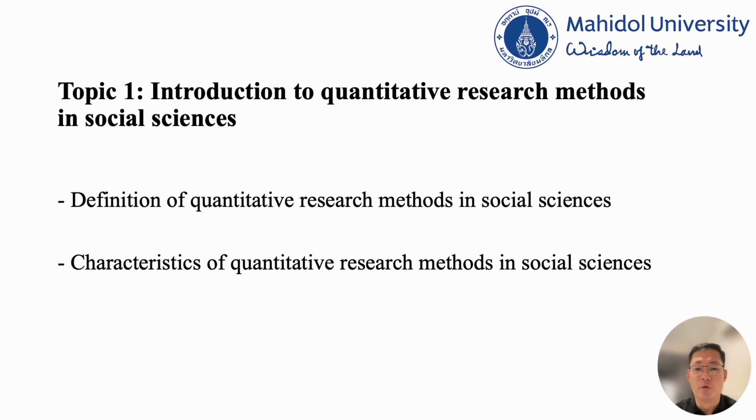In this topic, we will cover several key aspects. First, we will study what quantitative research is and how it functions within the social sciences. Next, we will look at its characteristics, such as its reliance on numerical data and objectivity.